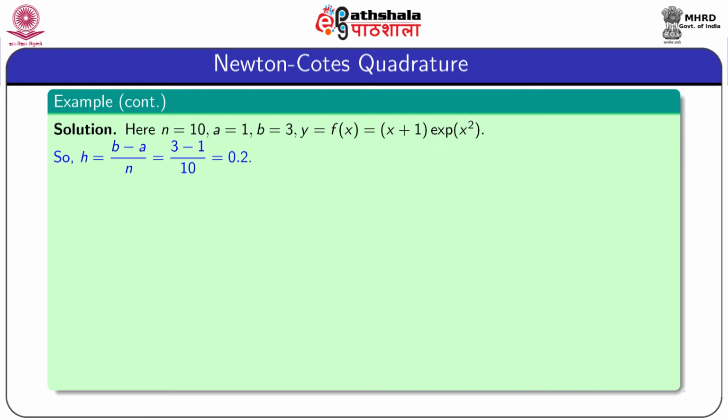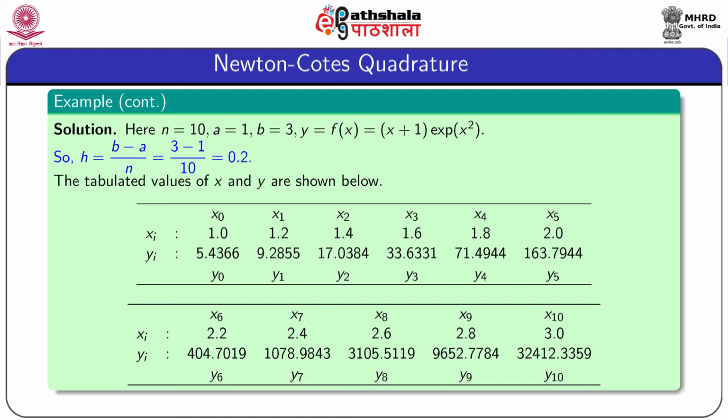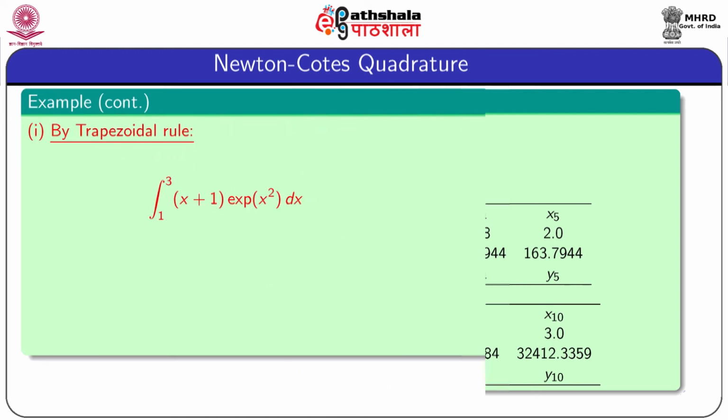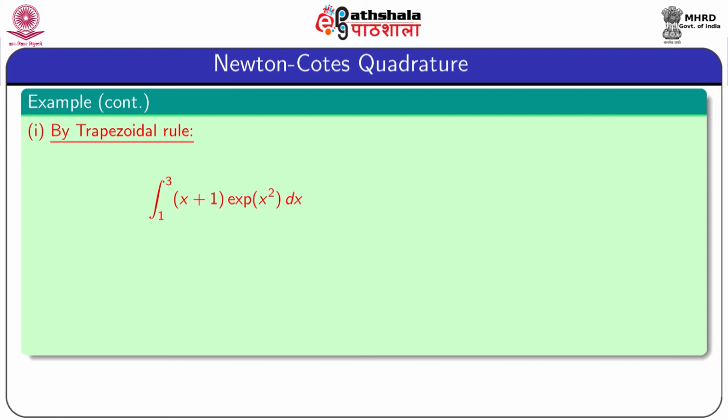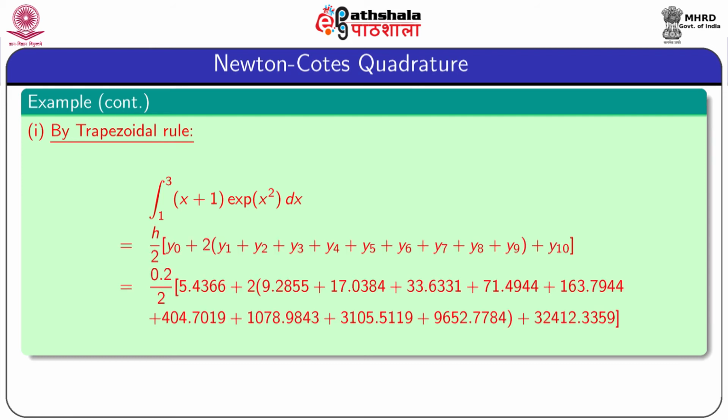Therefore, h, the length of the interval, is (3 minus 1) by 10, which is equal to 0.2, and this is the tabulated value of x and y obtained from the function. By the trapezoidal formula, the expression is this one, and after simplification, we get the value of the entire integration, which is equal to 6149.2217.